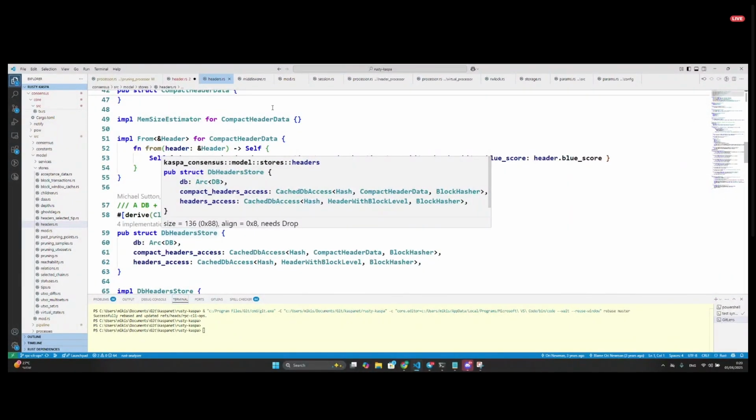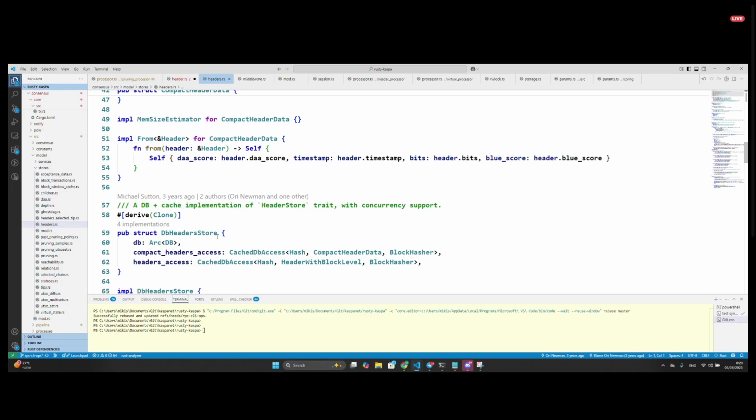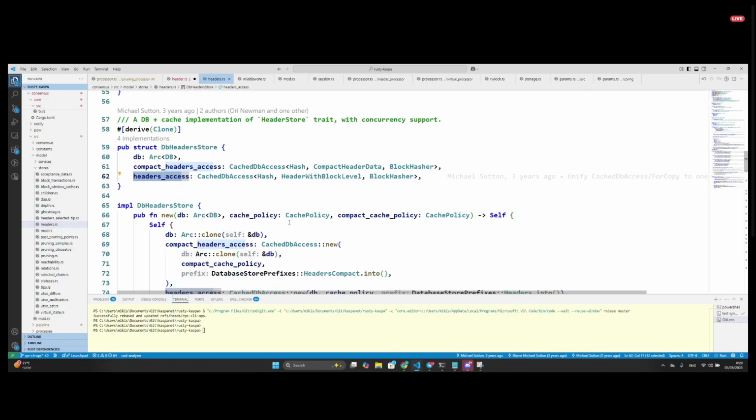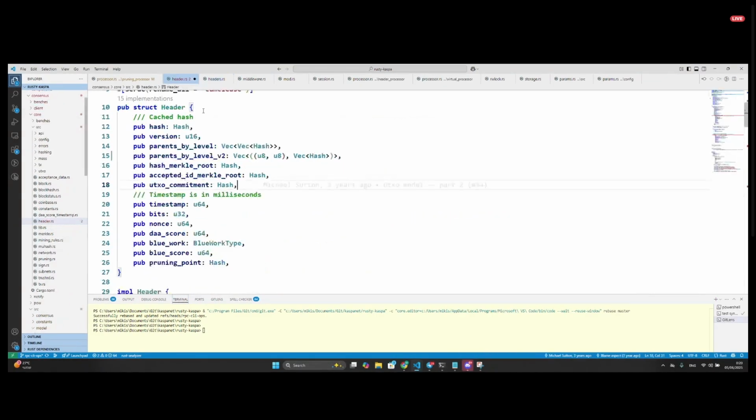It's all encapsulated under the DB header store, so you can have internally the new headers access and sometimes fall back to checking the old store, etc. There are all kinds of ways to manage the upgrade of the header structure. Not so easy, that's why I'm pointing it out.